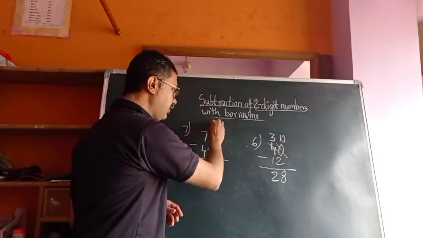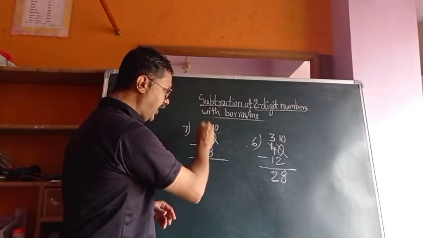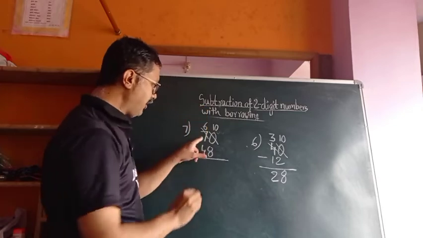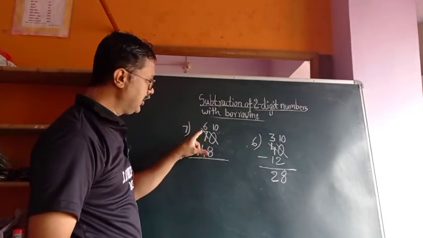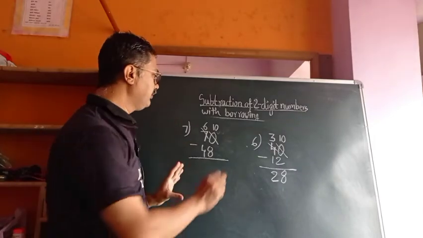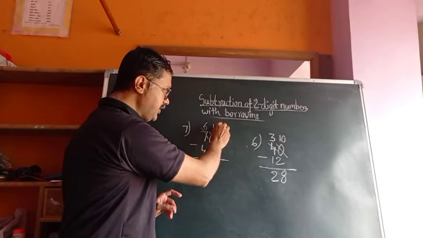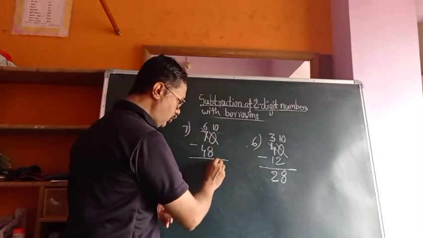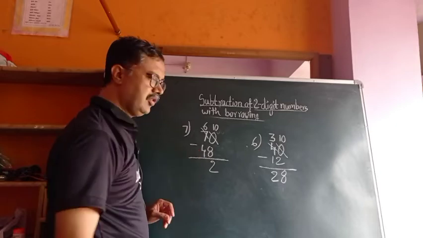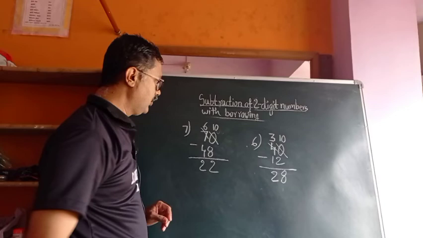Strike out 0 and write 10 here upside. 7 is there, strike out this 7 also and write backside number of a 7, that is 6, right? Okay, now we have to subtract. 10 minus 8, 2, 6 minus 4, 2.